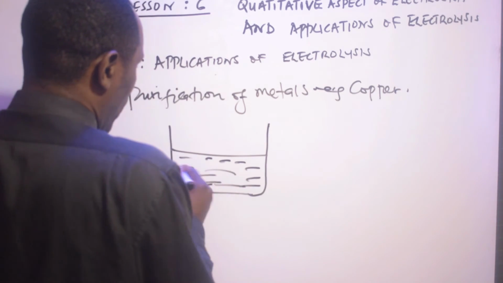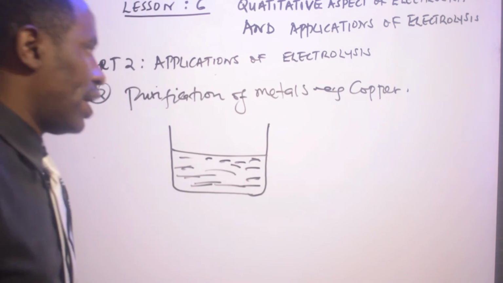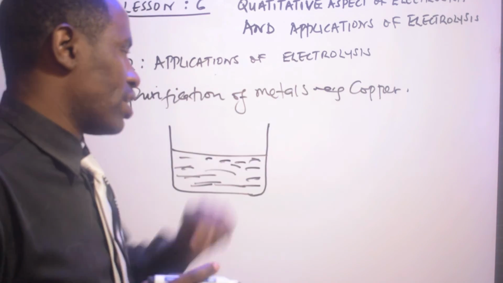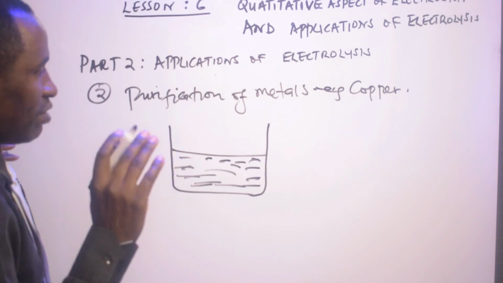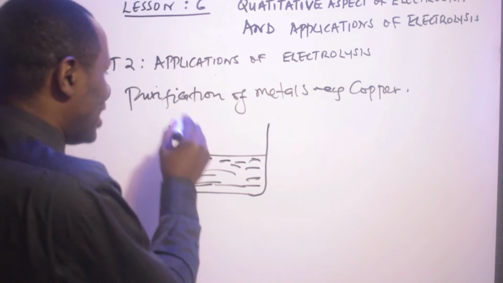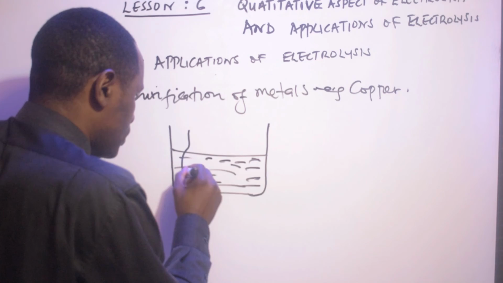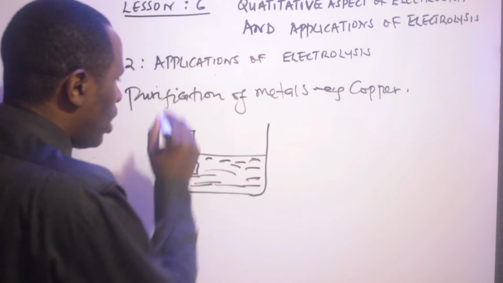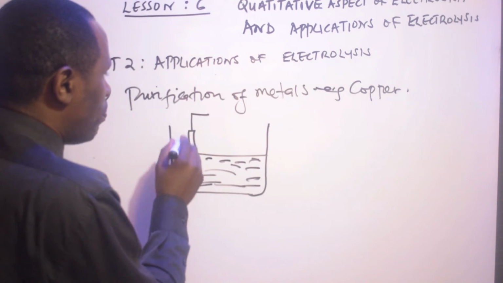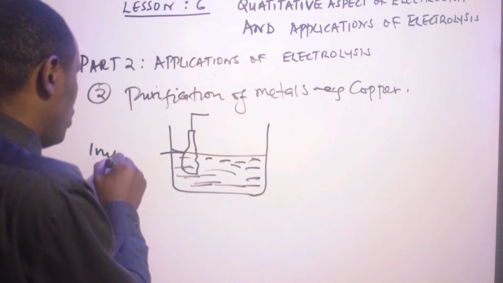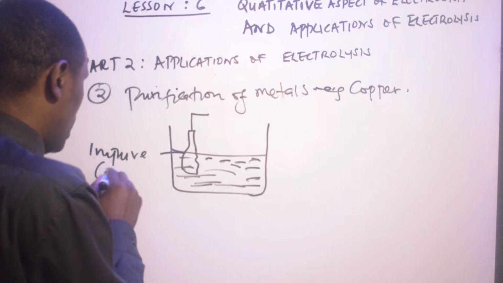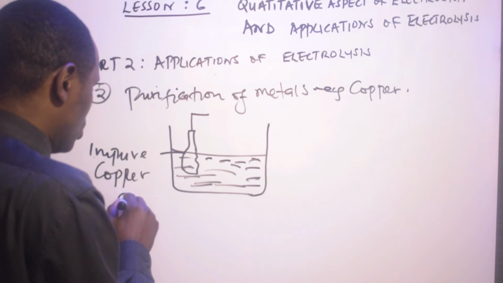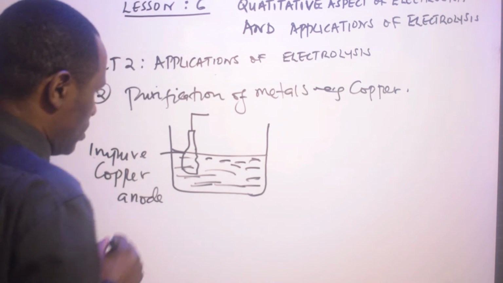Now, if I am purifying copper, these are the few considerations that I need to have. The impure copper here is put at the anode. This is the impure copper anode. Please take note of that again.